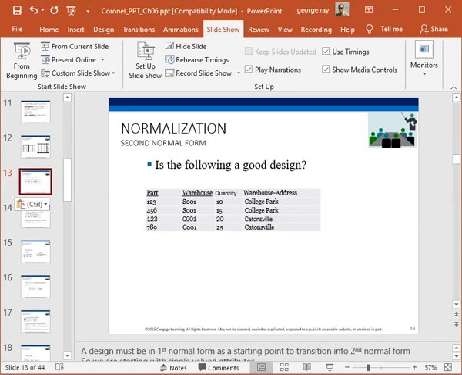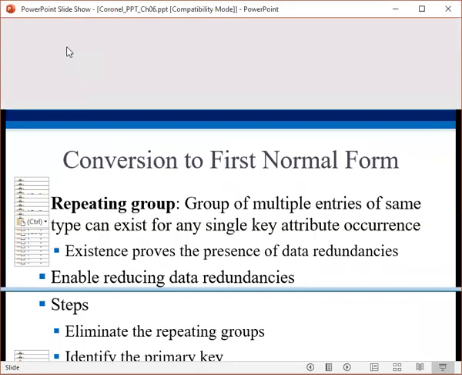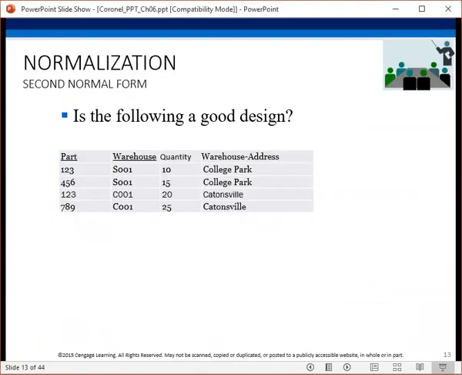We have a key that is composed of two attributes, and they are part number and warehouse number.